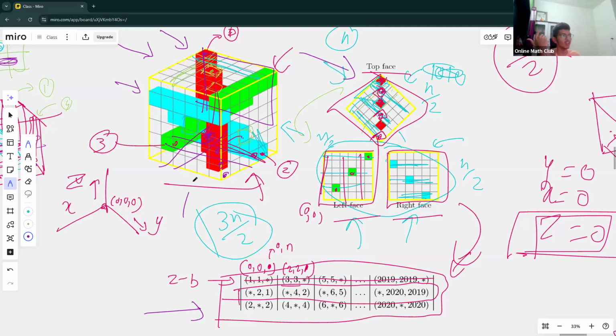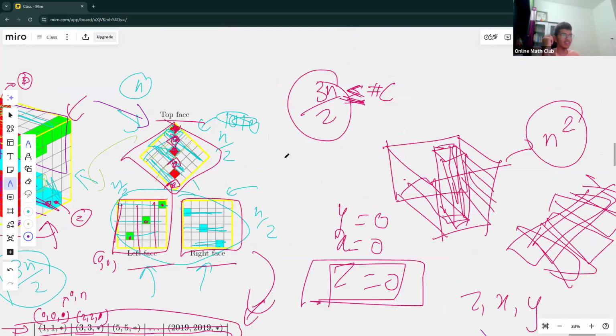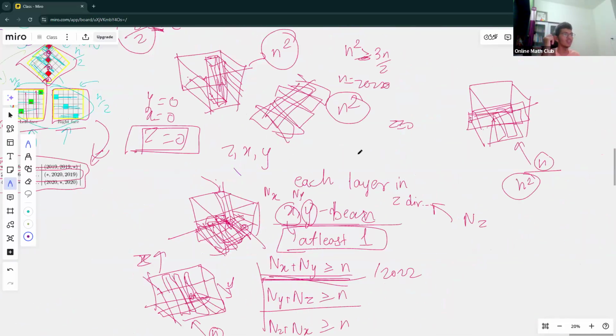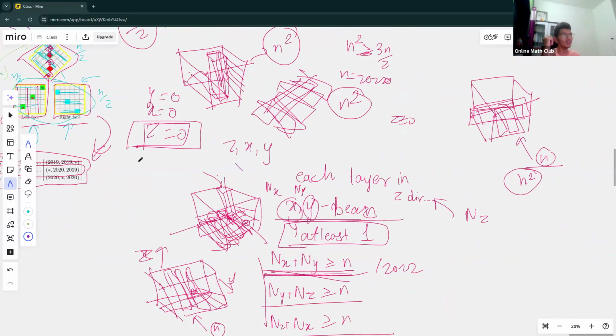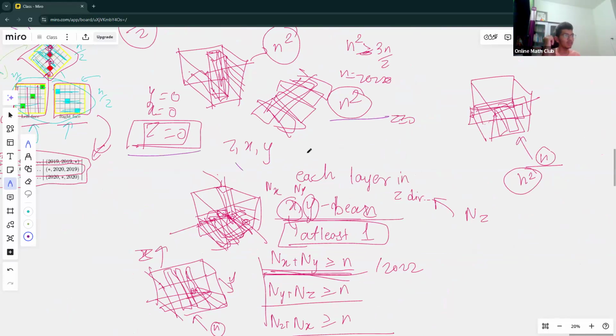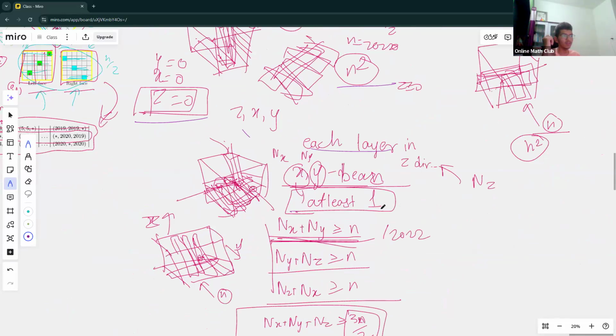So drawing one of the fewer size examples is necessary. And then this is just writing, which is easy. You just say for z equal to 0, we have n square things. And for this, we have to cover by at least 1, because you have to cover each of the one layer upside of this thing. And that's why we get these 3 equations.